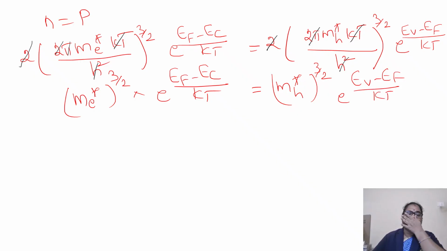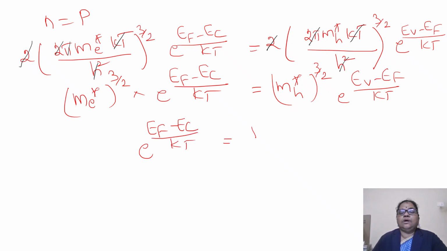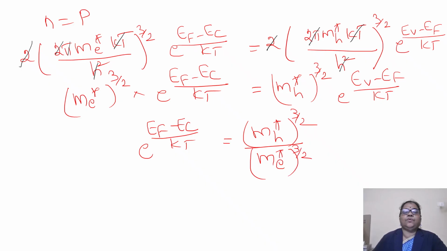So what we need to do is find out the value of EF. So e^((EF - EC)/kT) is equal to (m_h*)^(3/2) divided by (m_e*)^(3/2) into e^((EV - EF)/kT).